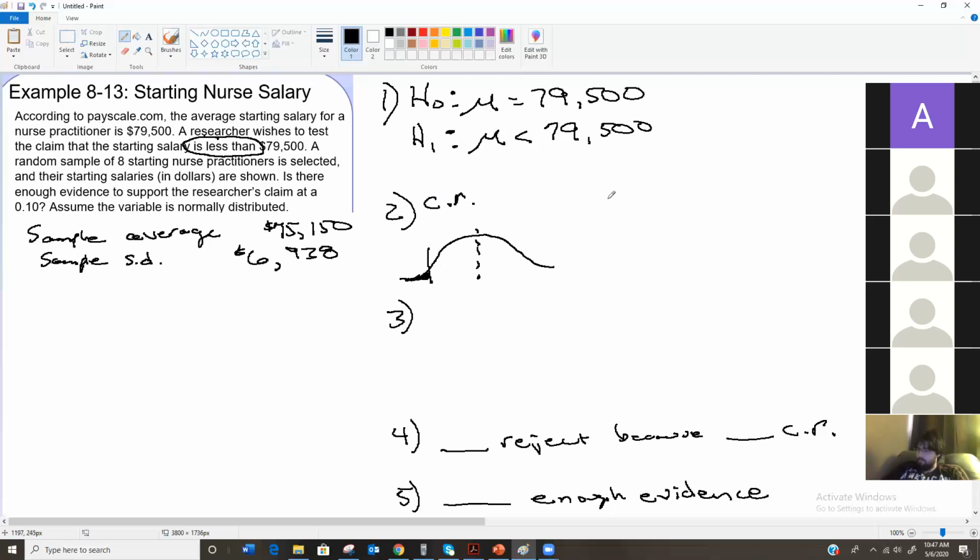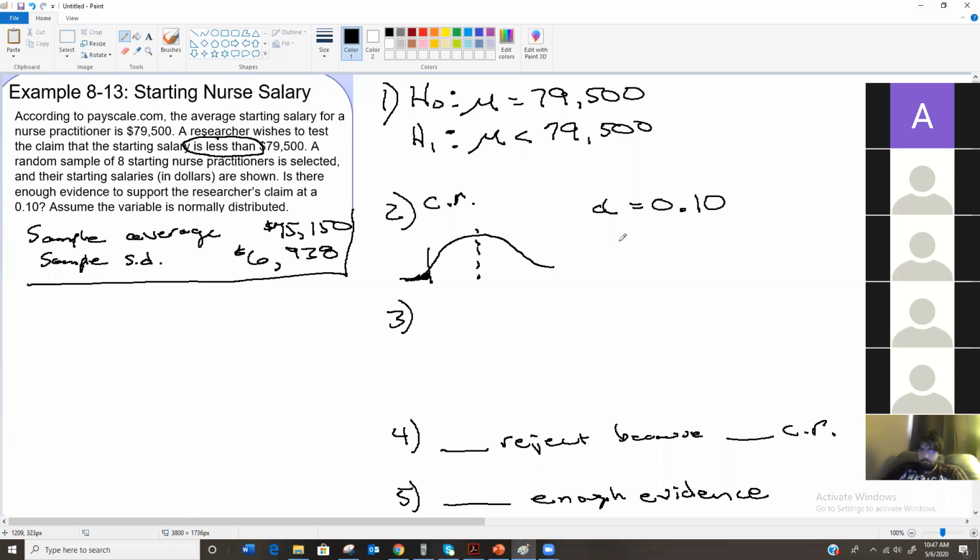Don't we need to know the sample mean? We do. It's right here, 75,150. Well, we need that for step 3. We don't need it here yet. Oh, okay, I see it. Yeah, this will be given. We need the alpha. Okay, so alpha is 0.10.